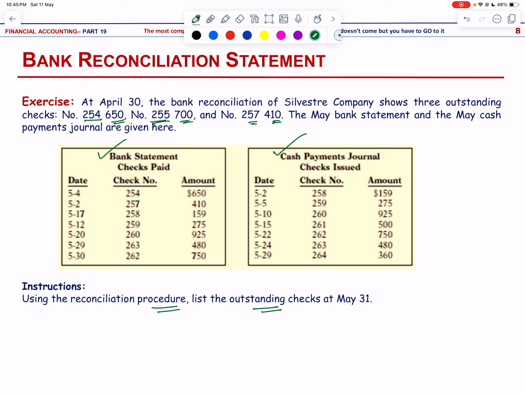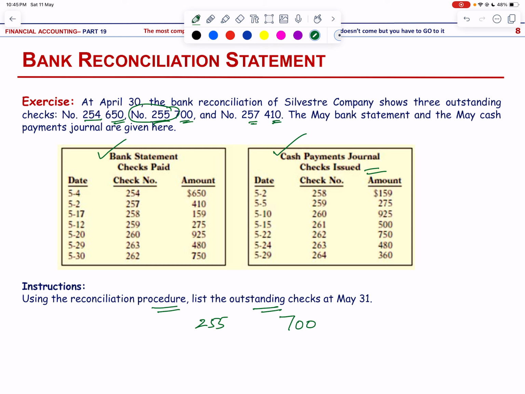So if you look at the cash payments that are done there in the cash payment journal checks issued, we can see that check number 255 is missing. So the amount of 255 is missing and the amount is 700 for that.